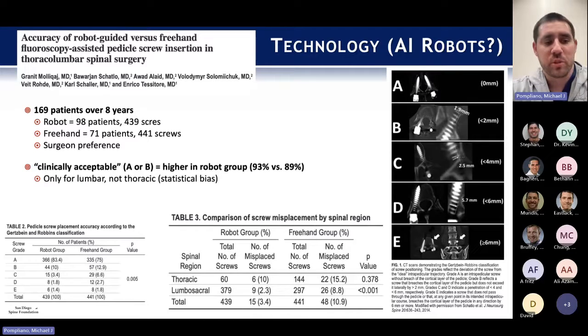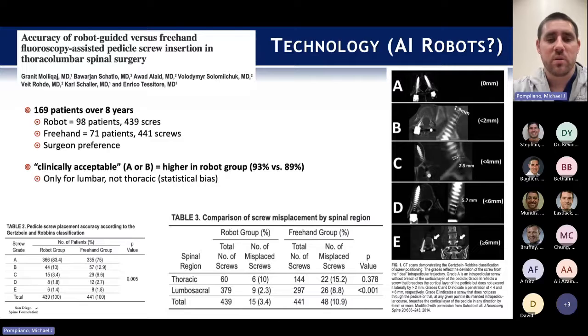Clinically acceptable, which was their grade A or B, was higher in the robotic group. So 93 versus 89%. There's a lot of other studies on this, similar results. Some of the studies had higher accuracy rates, about like 99 versus 96%. It all just depends on what you define as clinically acceptable.